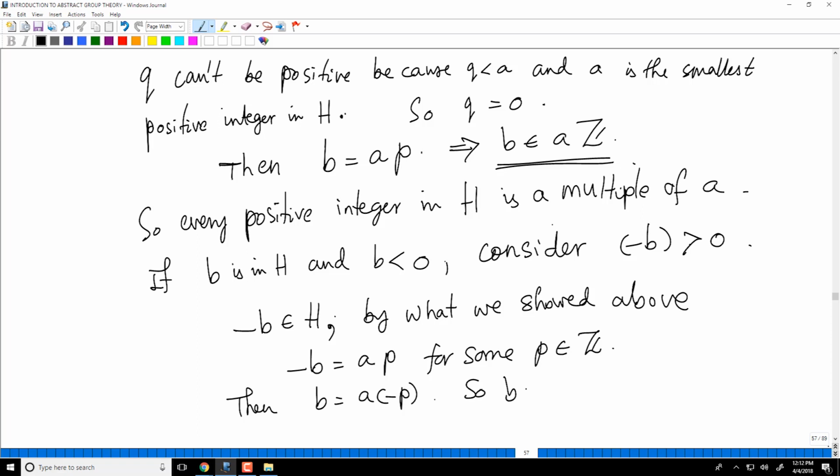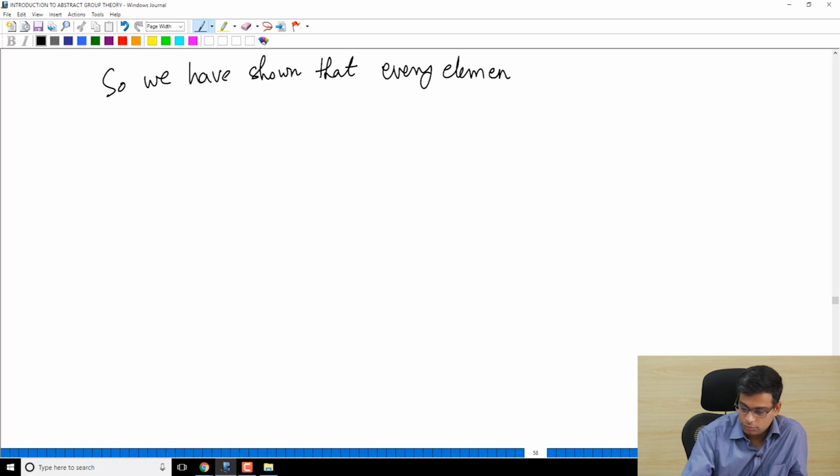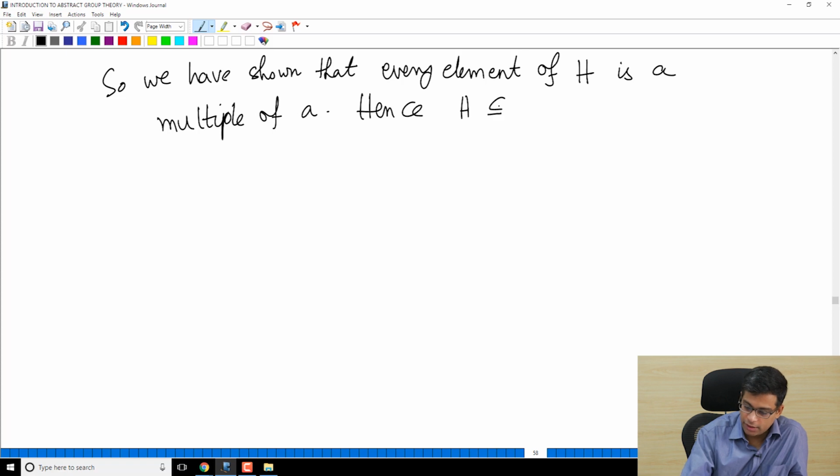So b is also a multiple of A. In other words, we have shown that every element of H is a multiple of A. Hence, H is contained in AZ.